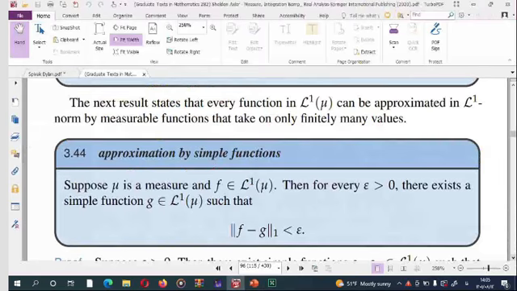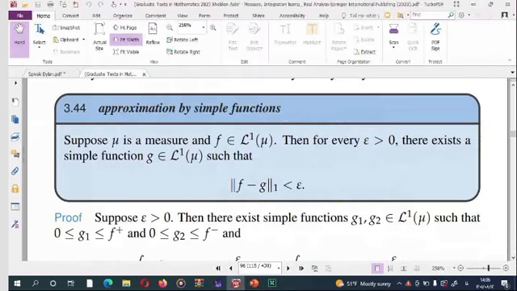and we have some important propositions, such as approximation by simple functions. Suppose mu is a measure and f belongs to L1.